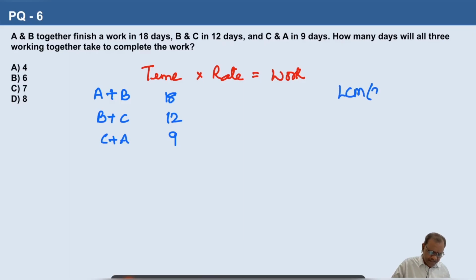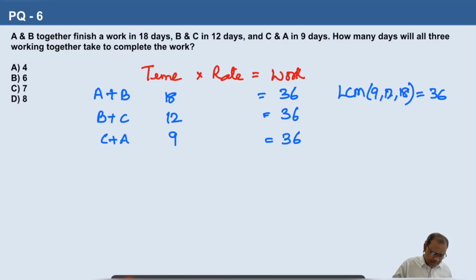LCM of 9, 12 and 18. So the biggest number 18, the second multiple is 36. 36 is divisible by both 12 and 9. So that is the LCM. So total work is 36 units. So in all the three cases, total work is 36 units.